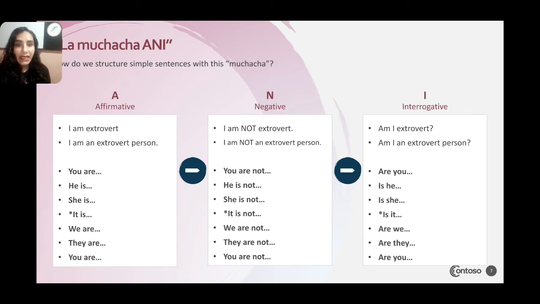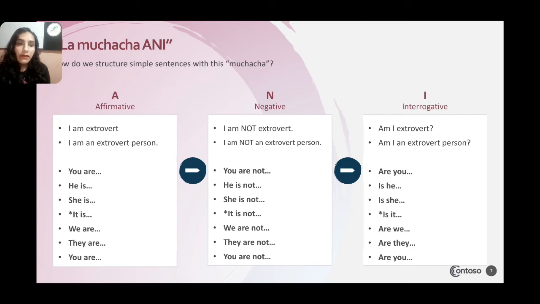You can say those two words in a shorter version. That's the contraction. In affirmative, you can say I'm, you're, he's, she's, it's, we're, they're, you're.